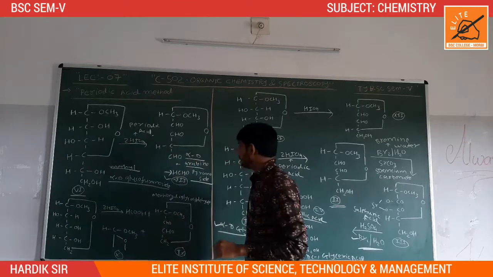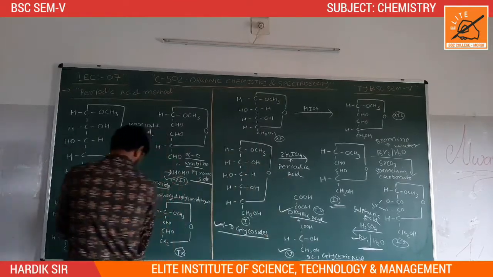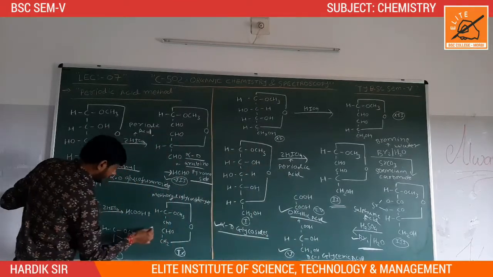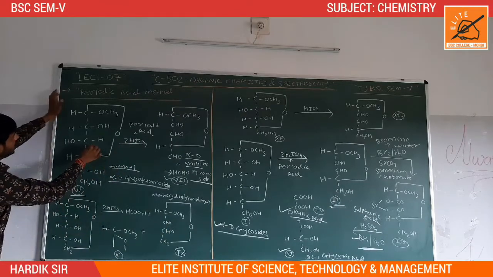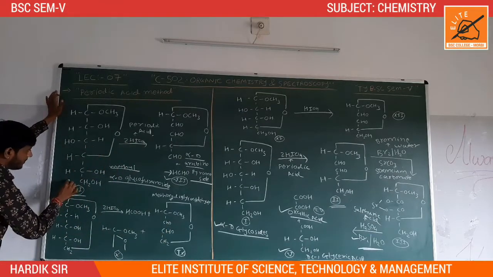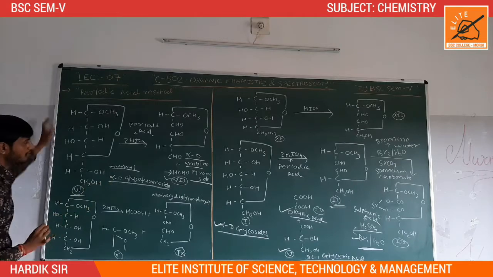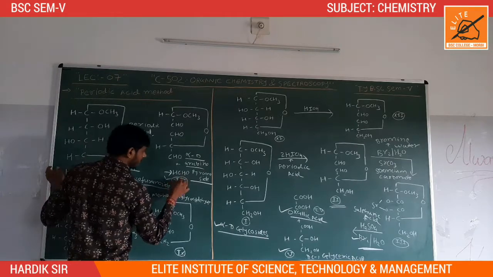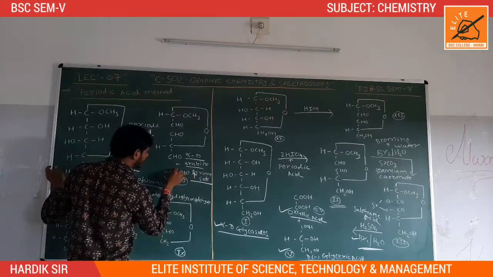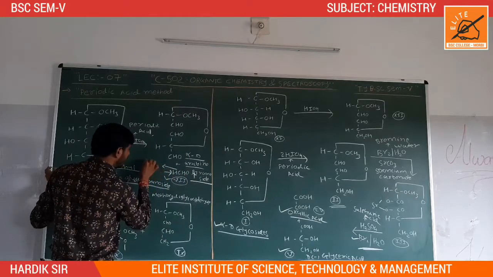Now we have learned about the periodic acid method. This is the structure number 7, and the formaldehyde is our number 8.